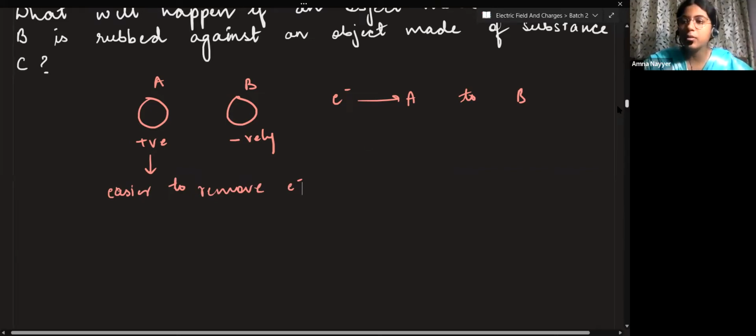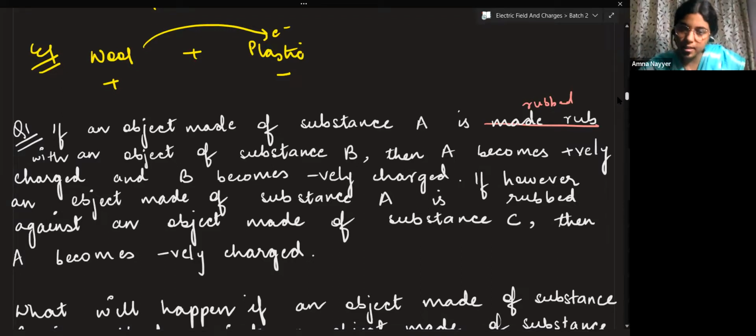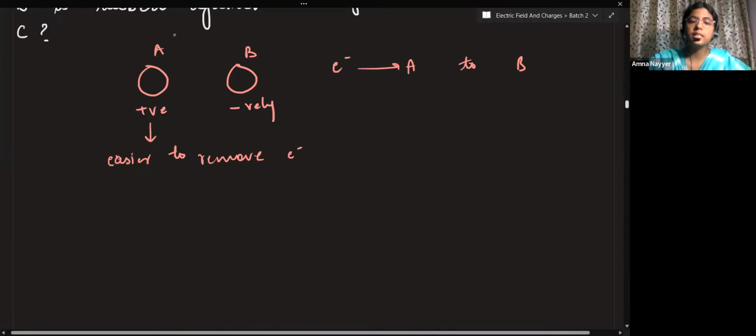Now the second part of the question, the data that it has provided. It says that the same substance A is rubbed against an object made of substance C. We have a third substance now. So this A is the same A, and we have a different substance C. It says A becomes negatively charged.